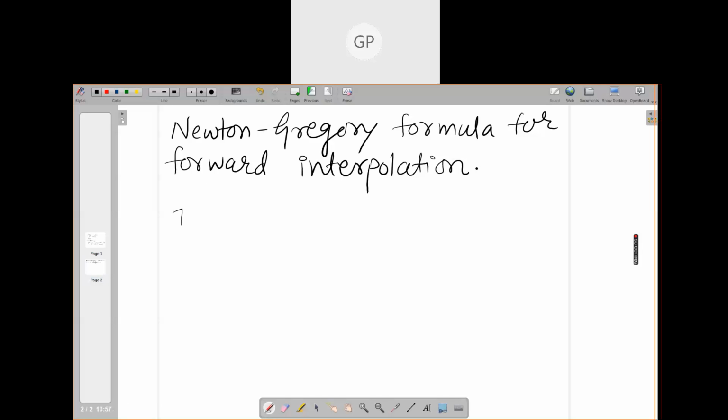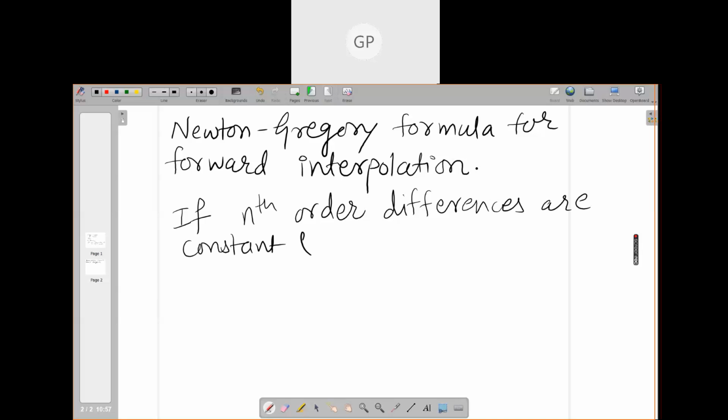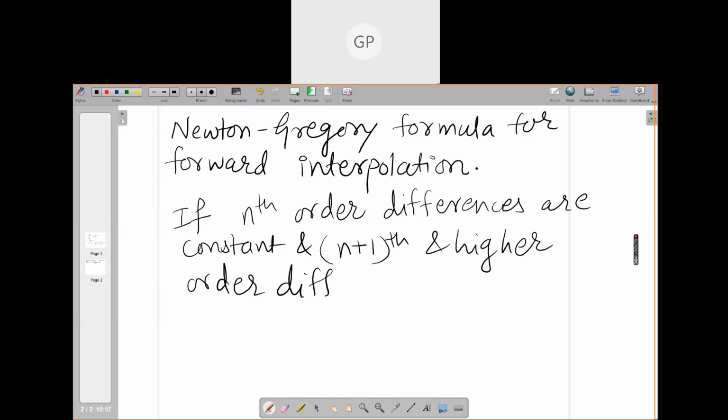Okay. What we want to say is, if nth order differences are constant and n plus 1th and higher order differences vanish, then the tabulated function, tabulated means what?